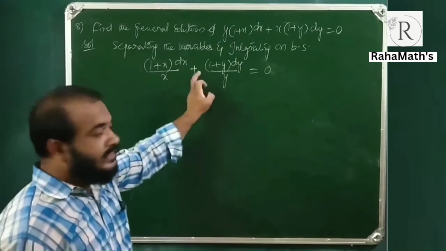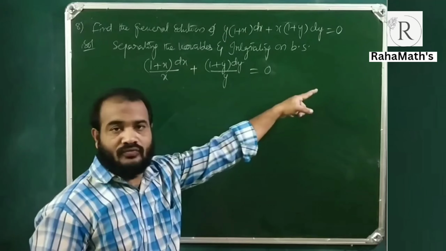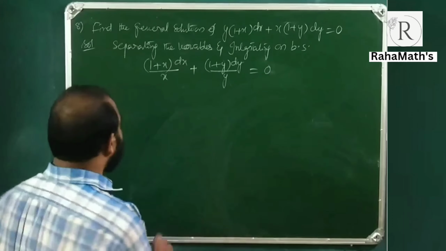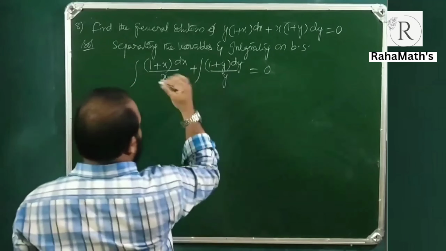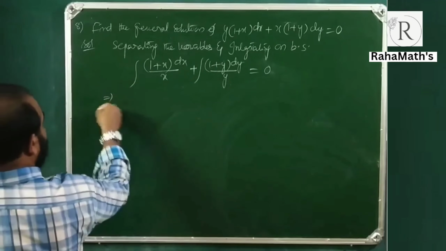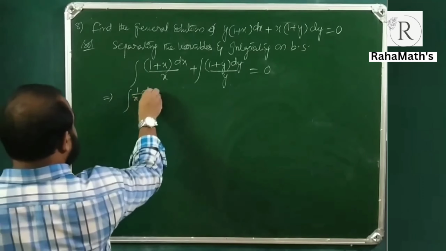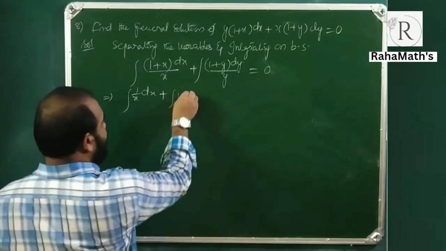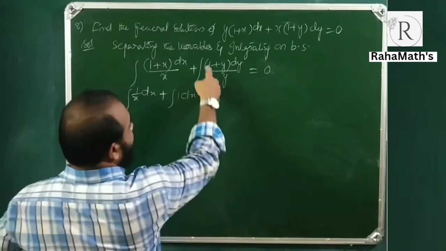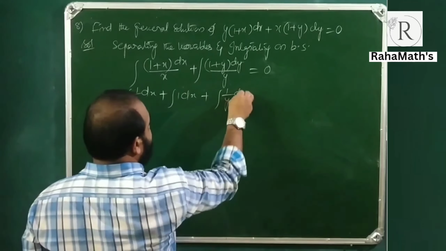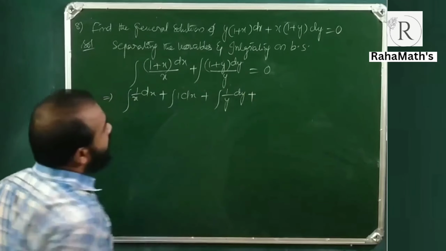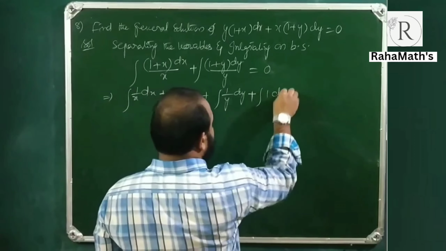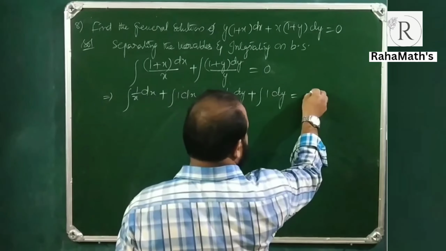If you bring this onto another side, this is minus of. So that also if you bring here, this is plus. Now integrating on both the sides, this is equals to integral 1 by x dx plus x by x is 1, integral 1 dx plus integral 1 by y dy plus y by y is 1, integral 1 dy is equals to 0.